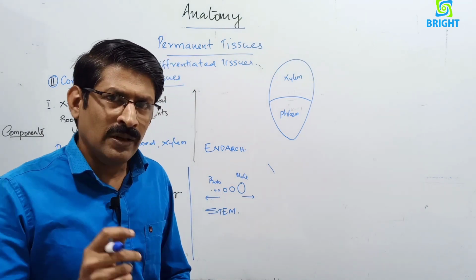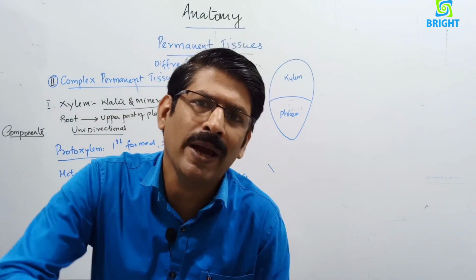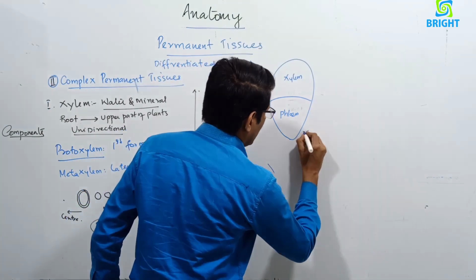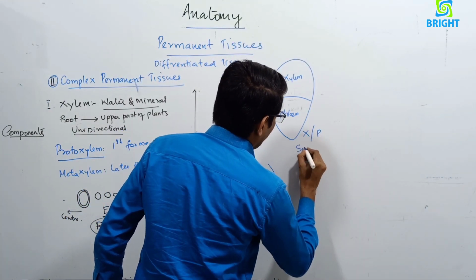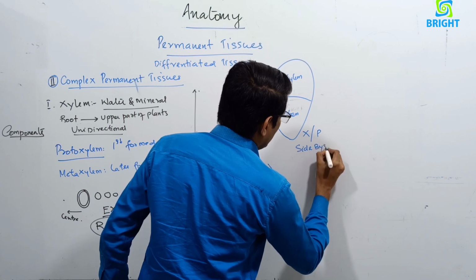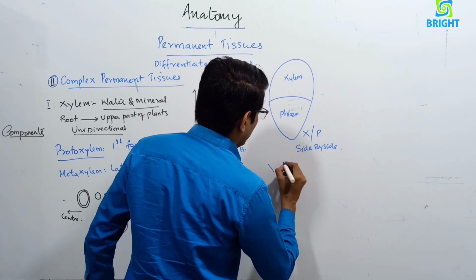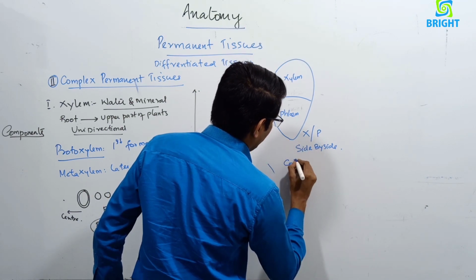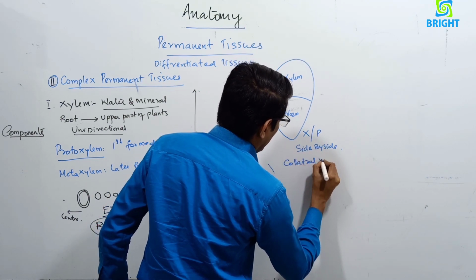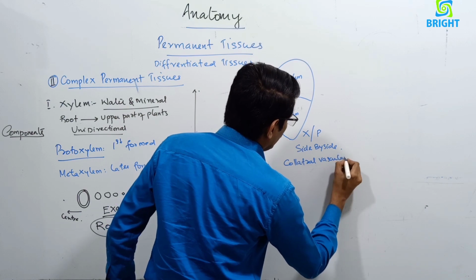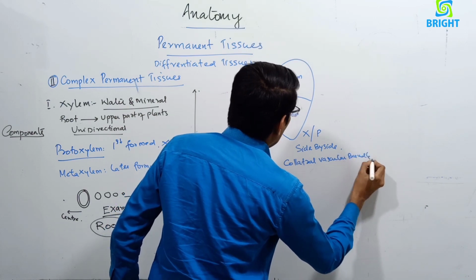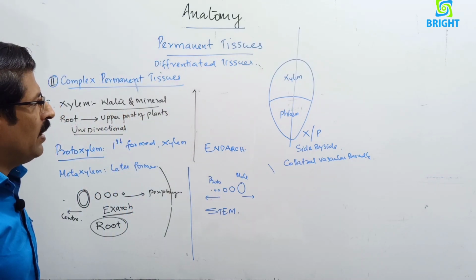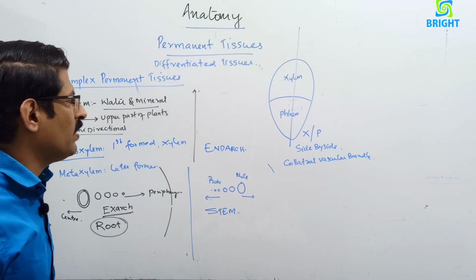When the xylem and phloem are side by side, it is called collateral vascular bundle, and both the xylem and phloem are in the same radius.